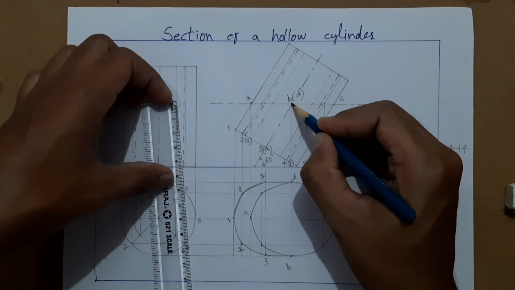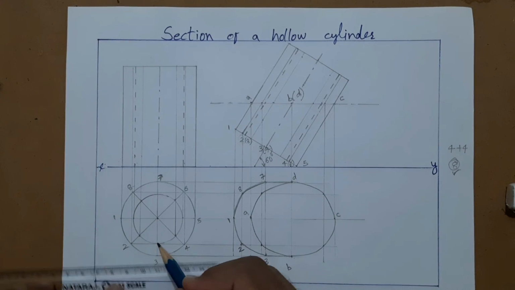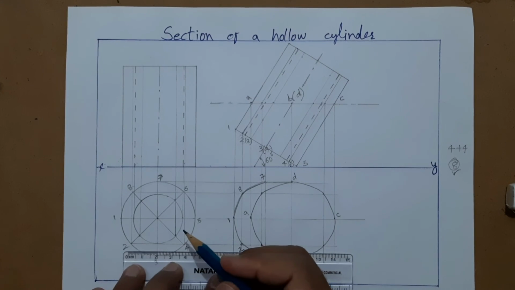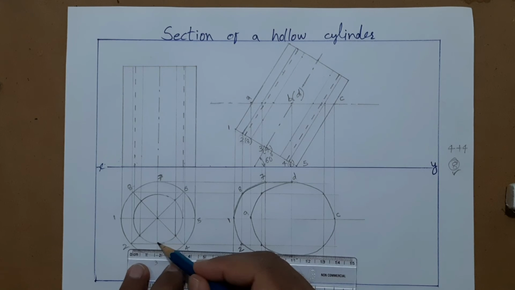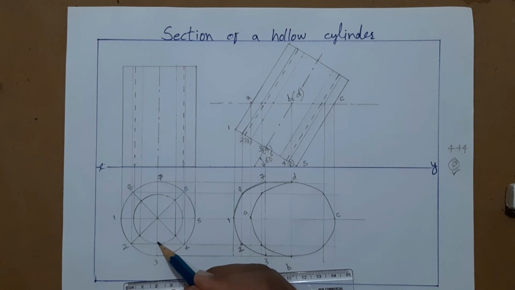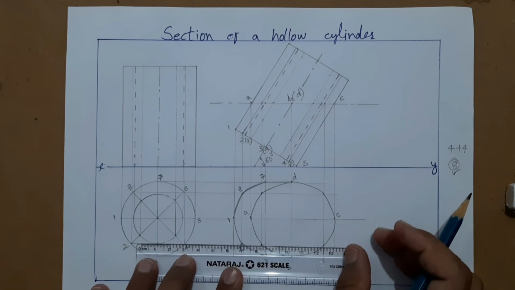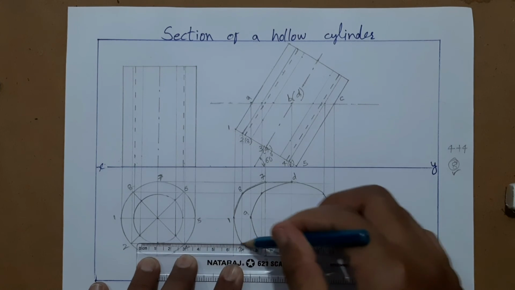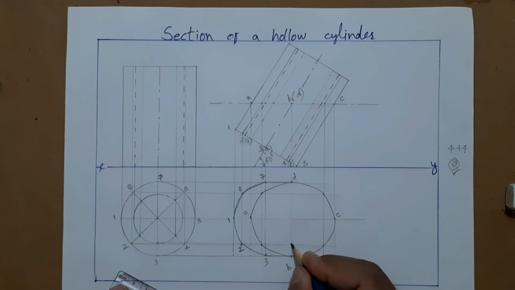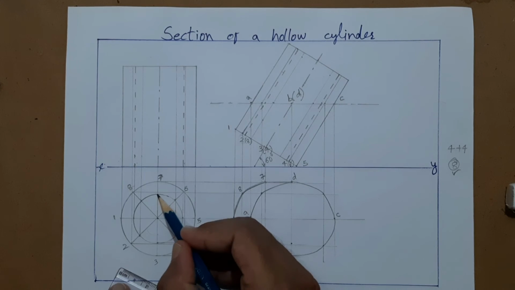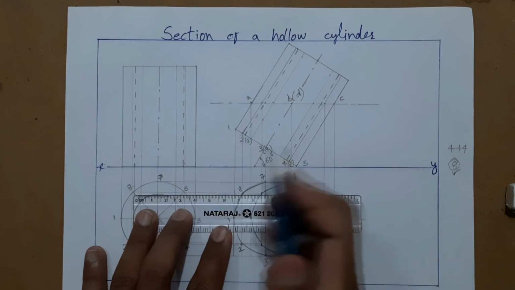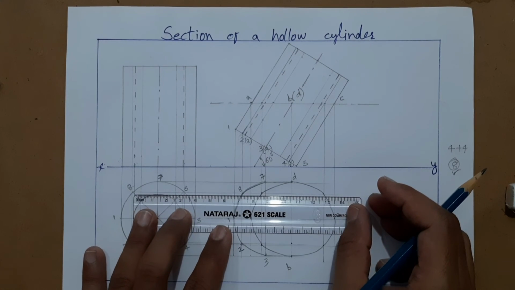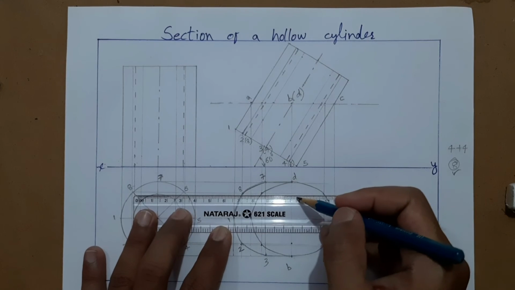Axis is common for both, so inner cylinder points also we have to take. The inner cylinder point comes somewhere here. This point is a little up from this 2 4 line. Here somewhere, and here the inner cylinder point is a little below this 8 6 point. That projector also we will take here.